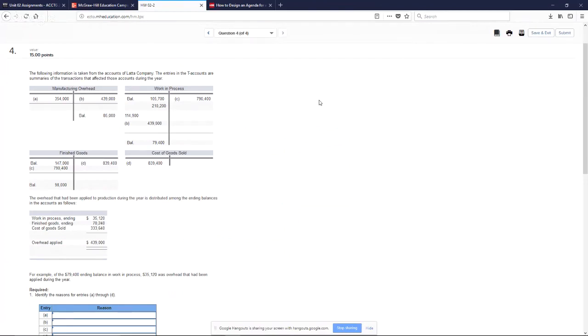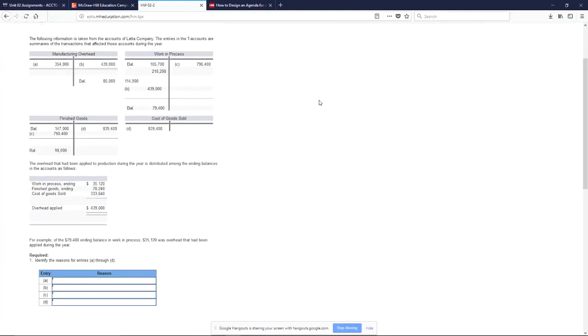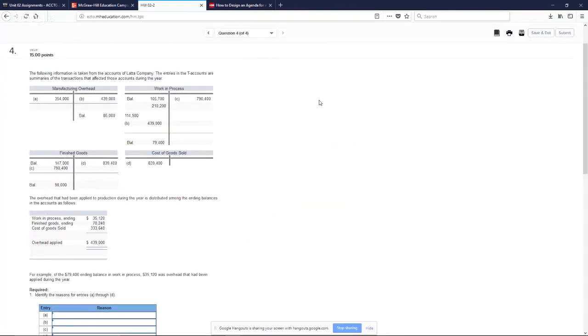So that's this 420,000 right here. And that 420,000 of overhead that's been applied came from these 3 accounts, right? Yeah.